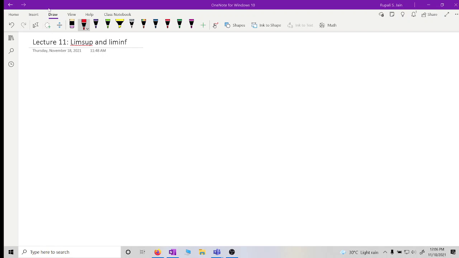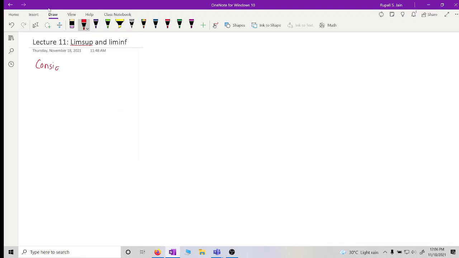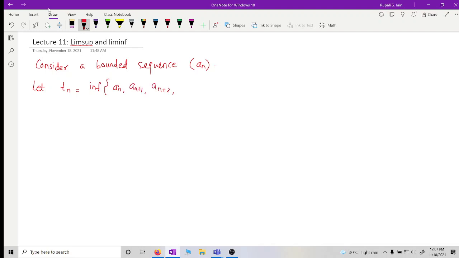For this we will consider a bounded sequence, a_n, and let us define small t_n. t_n is equal to the infimum of a_n, a_(n+1), a_(n+2) and so on.